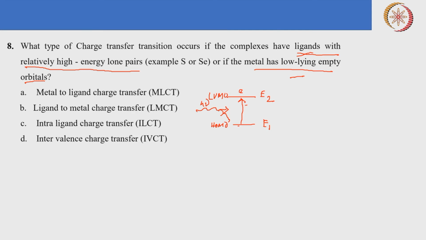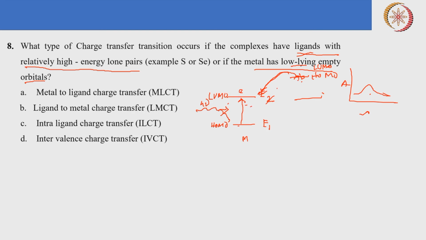Now here you can see that your ligand has higher energy. Suppose you have a ligand, and this is the ligand HOMO and this is the ligand LUMO. As your ligand has higher energy, the electron can come from the higher energy to the lower energy LUMO state of your metal. As the electron is transferring, you can see some signal in the absorbance spectra.